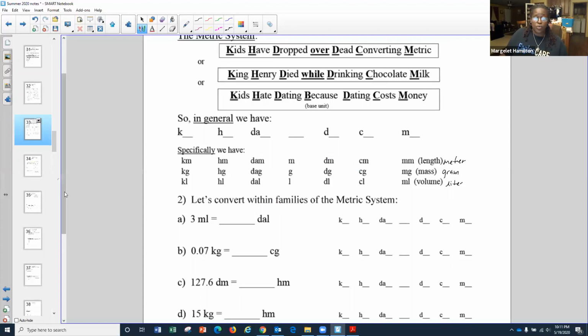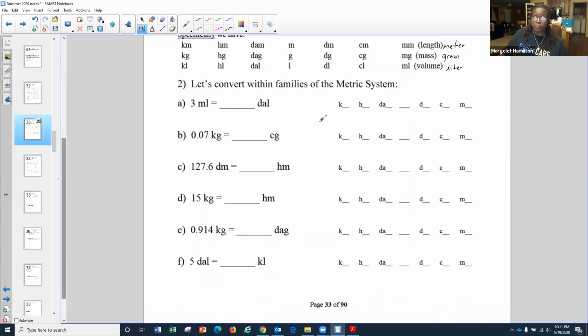What are we doing with this metric system? In essence, all we're doing is using a sliding scale. Now, we're not going to make it difficult. All we're doing is shifting our decimal point.